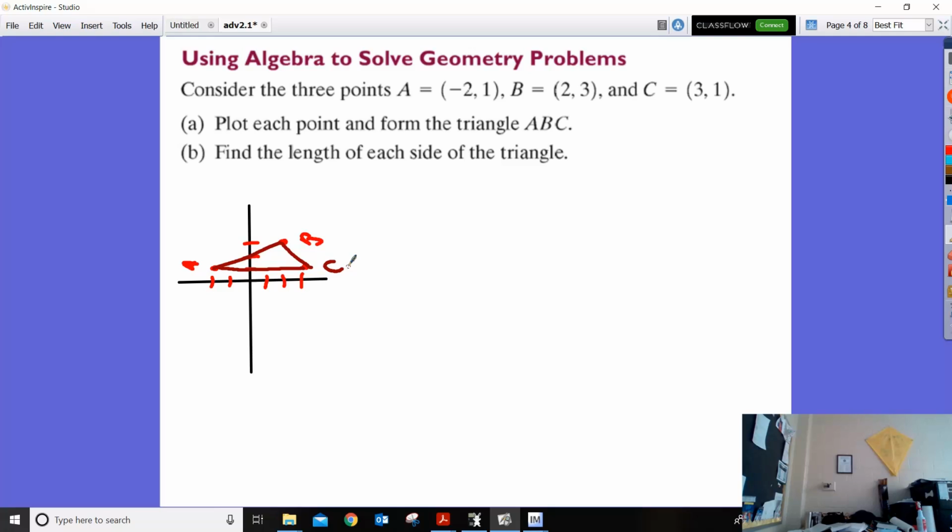Does it look like it might be a right triangle? Might be. That angle of B very well might be 90 degrees. But here's kind of how you prove it's a right triangle. It's not too hard to do.